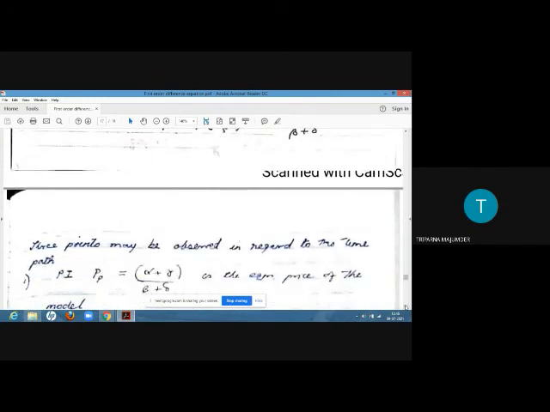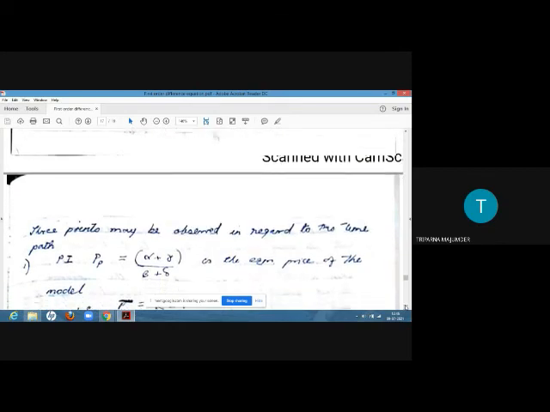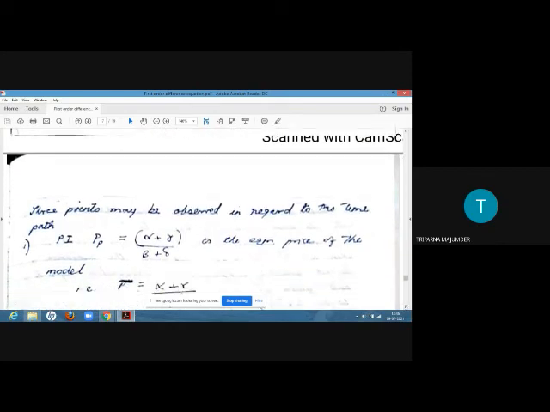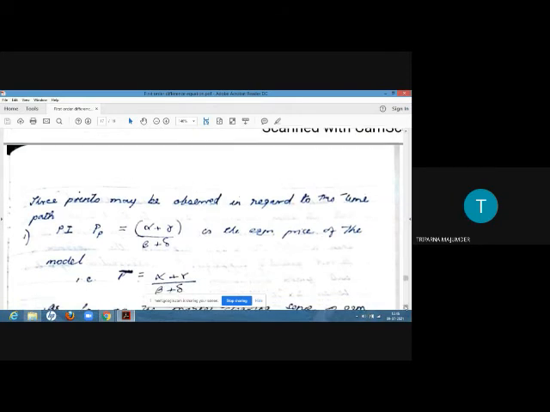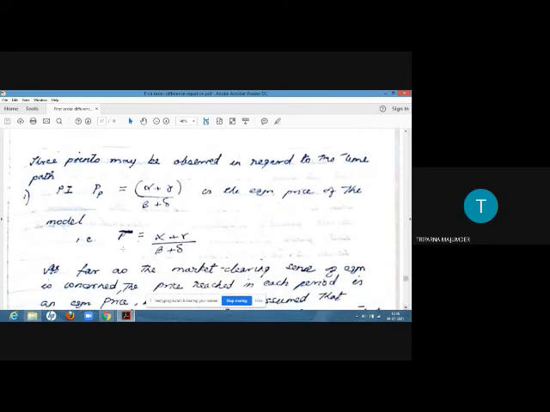Here we observe three points regarding the time path. One, the particular integral P_p is equal to alpha plus gamma over beta plus delta. This is the equilibrium price of the model and we refer to this as P bar.